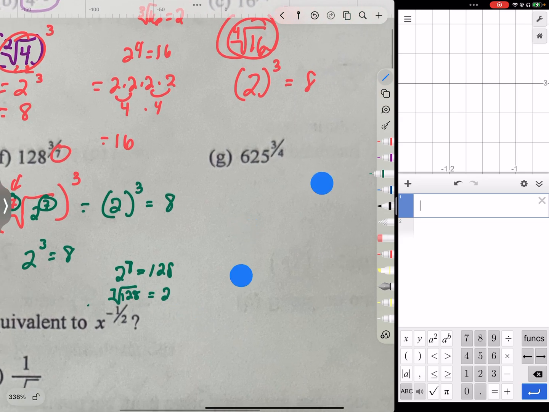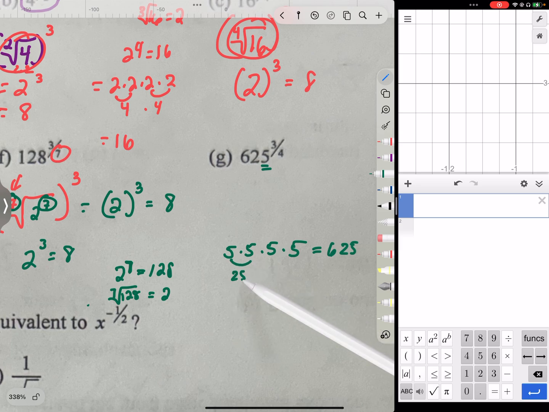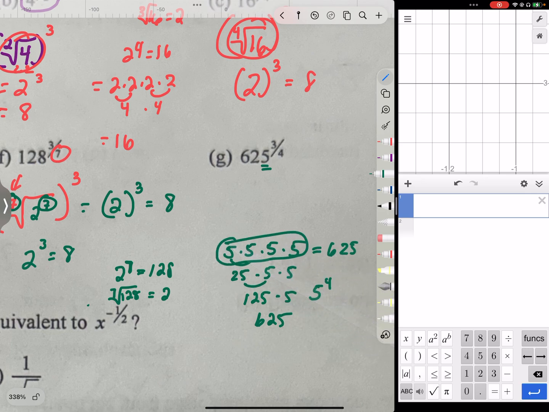All right, 625. See how it ends in a 5? 625, let's see, 5 times 5 is 25, times 5 is 125, times 5 is 625. All right, so I'm just checking these things. And so now I know that 5 to the fourth power, 1, 2, 3, 4, of those is 625.